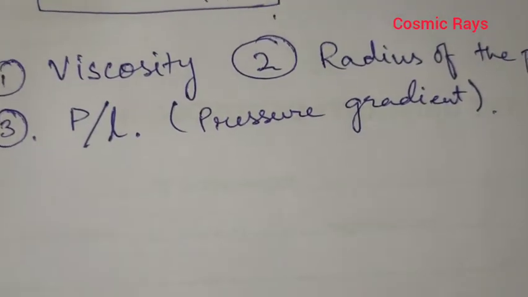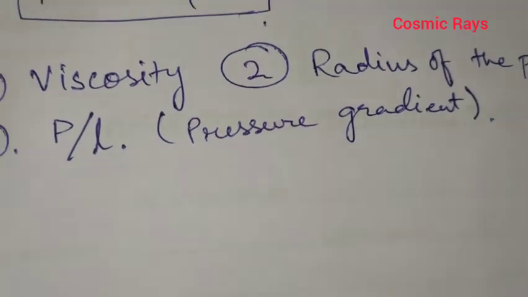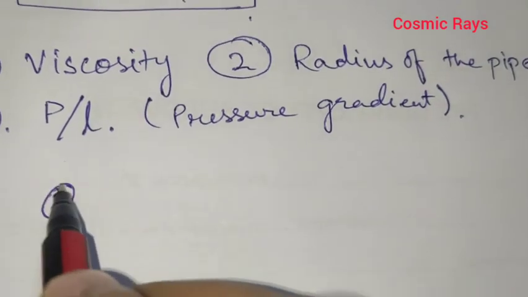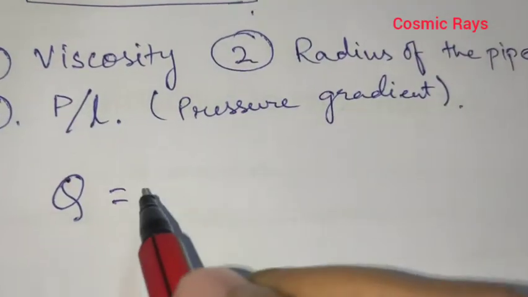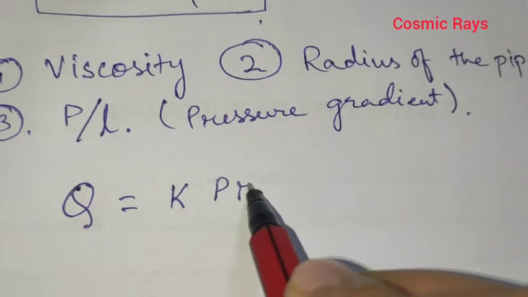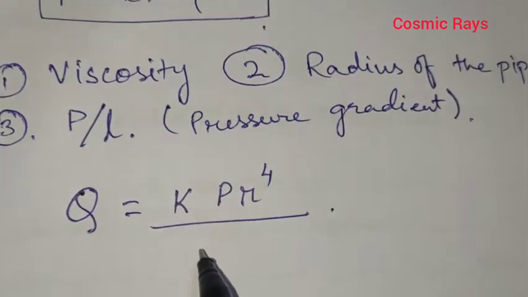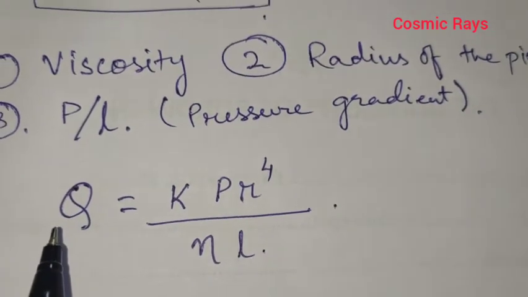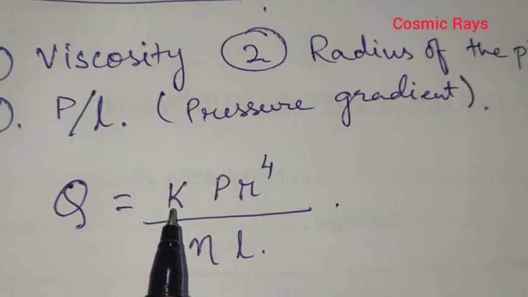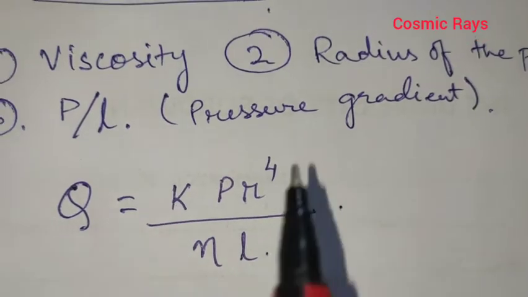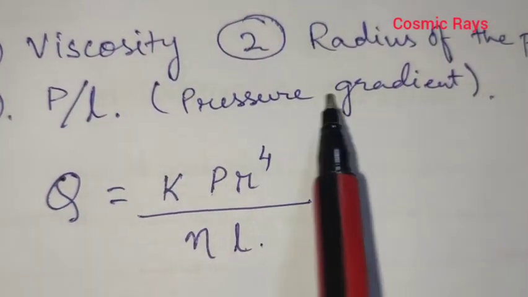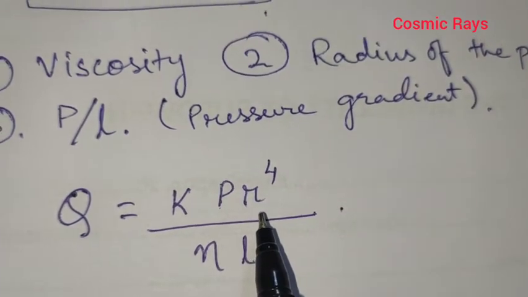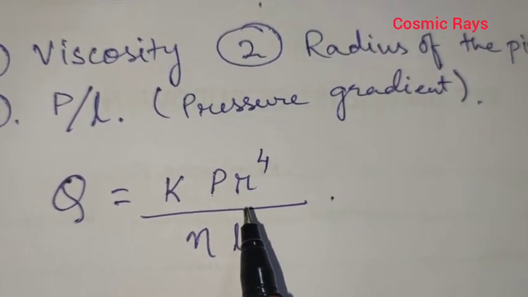Now, the rate of discharge through a pipe, that is Q, is given as K P r to the power 4 upon eta L, where Q is the rate of discharge, K is a constant, P upon L is the pressure gradient, r is the radius of the pipe, and eta is the coefficient of viscosity.